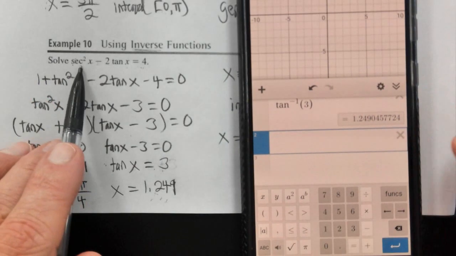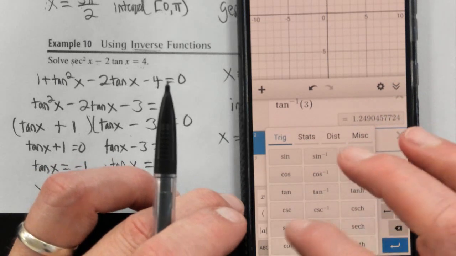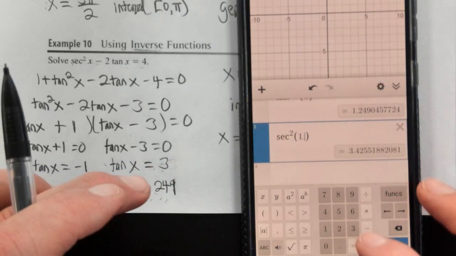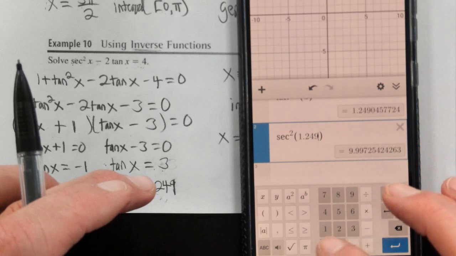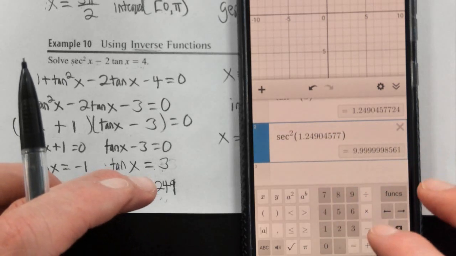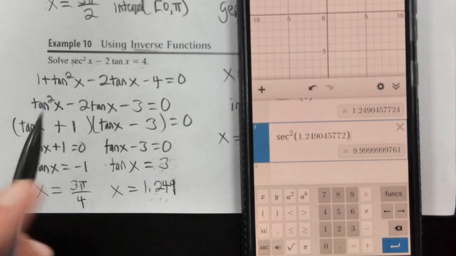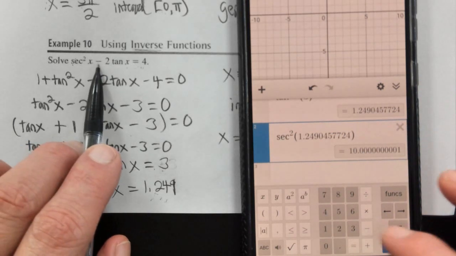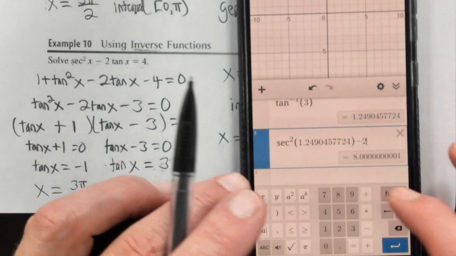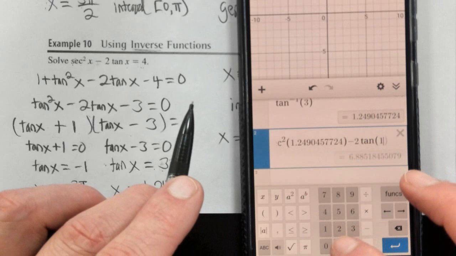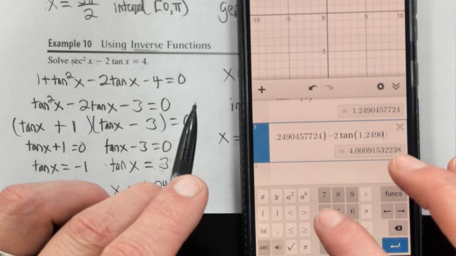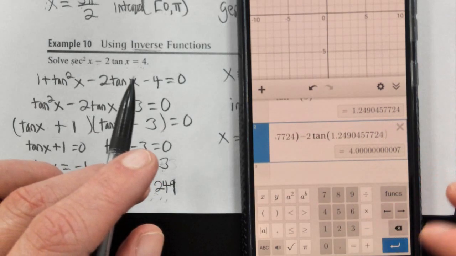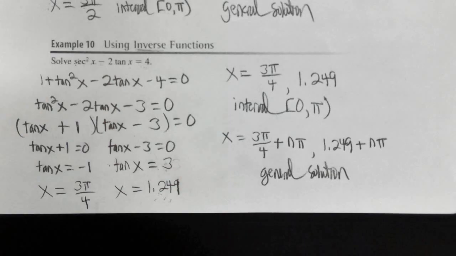So let's go in here and see if indeed secant squared of 1.249045772, might as well go all the way to be exact, minus 2 times the tangent of 1.249045772, gives 4, and you can see that it is 4, so it does check out, so that is a valid solution.